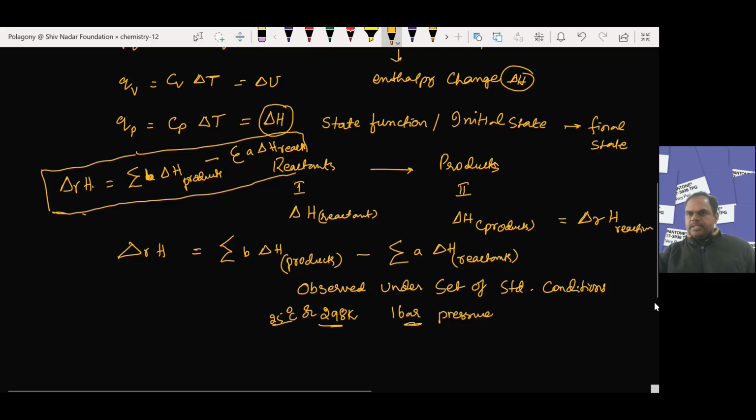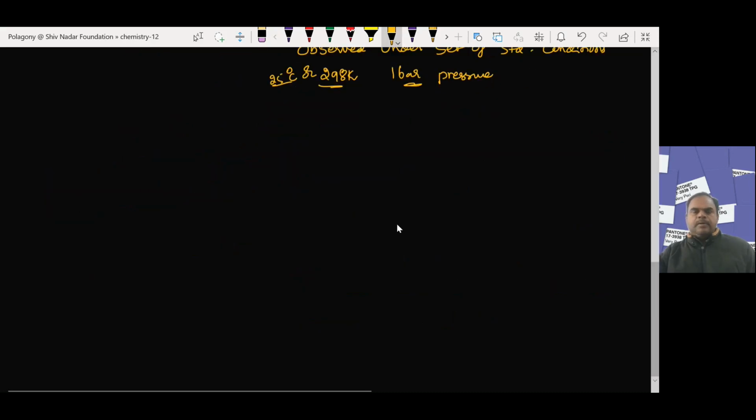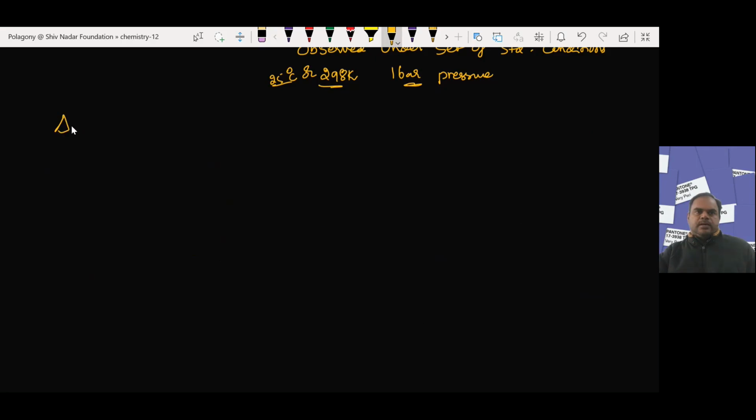The standard enthalpy change of the reaction can be written as delta rH naught is equal to sigma. Sigma indicates summation, the sum of the enthalpy changes. b indicates the stoichiometric coefficient of the chemical reaction.